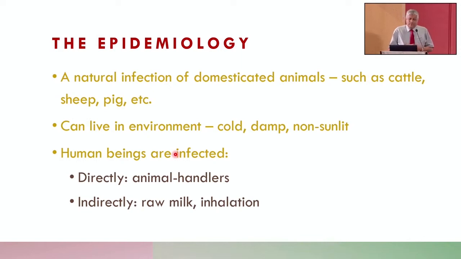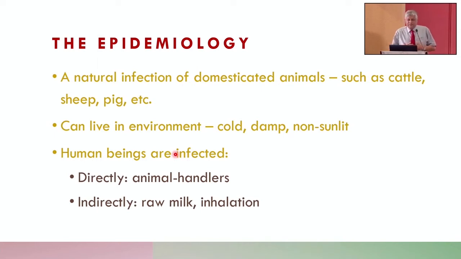It can live also in the environment once it is excreted, especially in cold, damp material, especially if it is full of organic matter, and also sunlight kills it. So if it is cold, damp, and dark, in non-sunlit areas, it can stay for weeks or months in that sort of situation, and then infect somebody afterwards, both directly and also through inhalation.